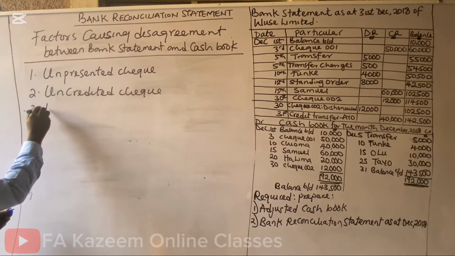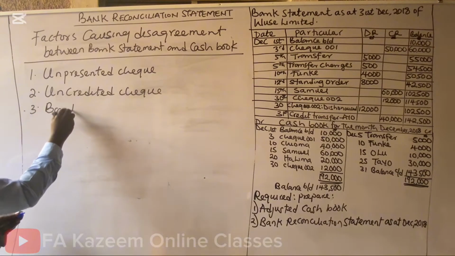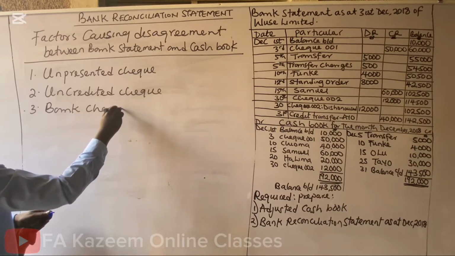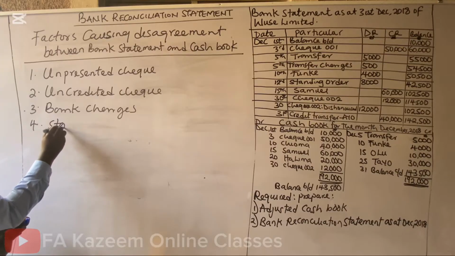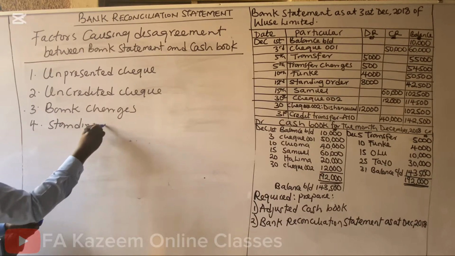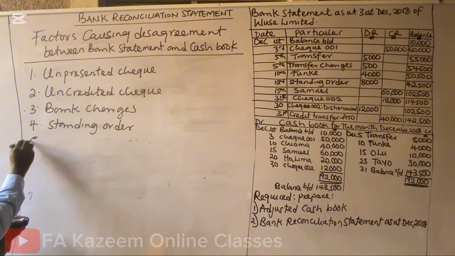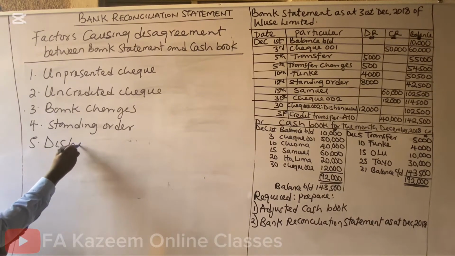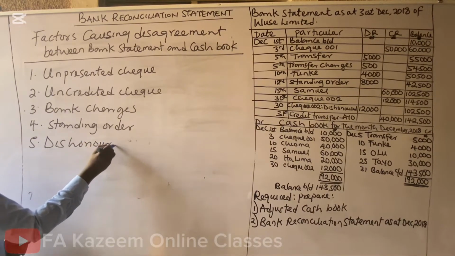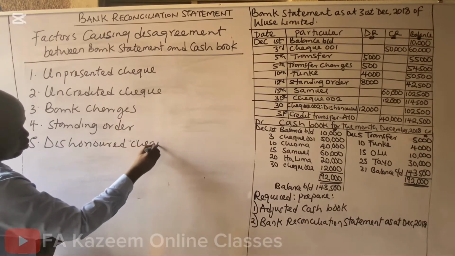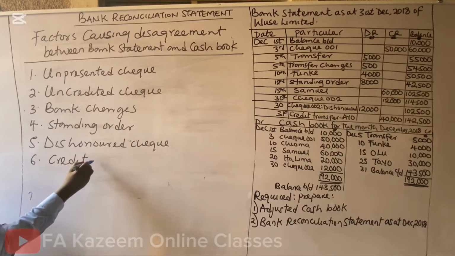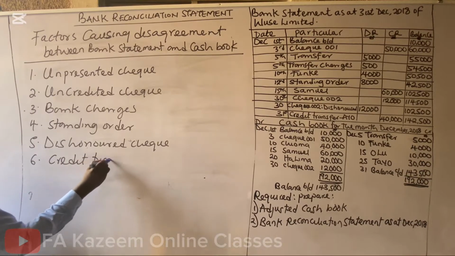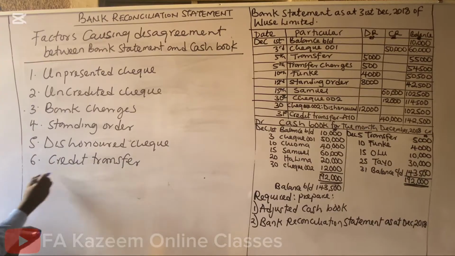Three, bank charges. Four, standing order. Five, dishonored check. Six, credit transfer. Seven, error by the bank.